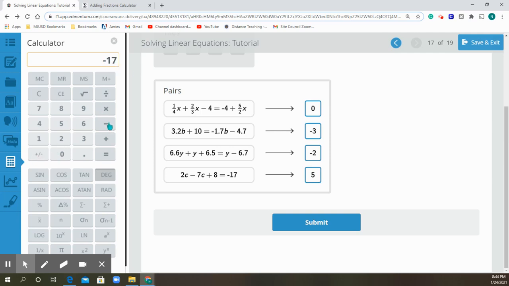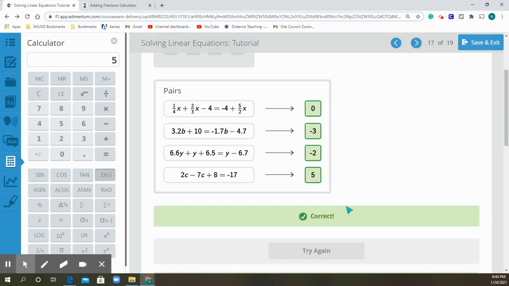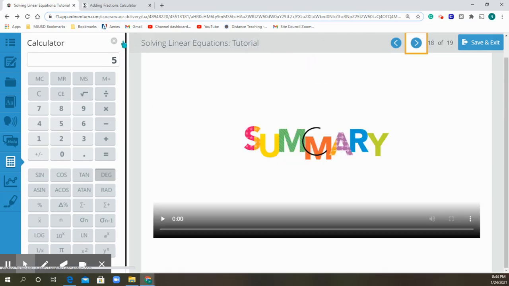Minus 17 subtract 8 equals negative 25. What did I say this was? Negative 5. So I've got to divide negative 25 by 5. That equals negative 5. Bam. Submit. And we got it all correct. Awesome.